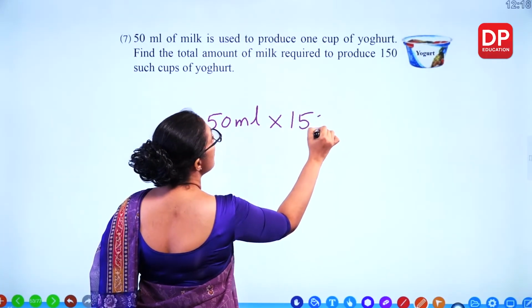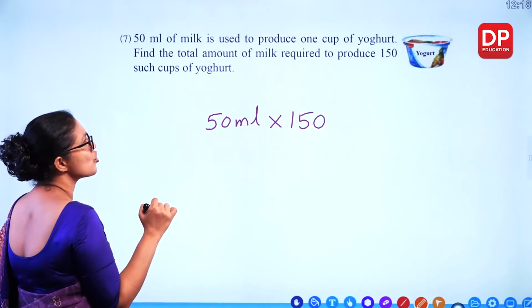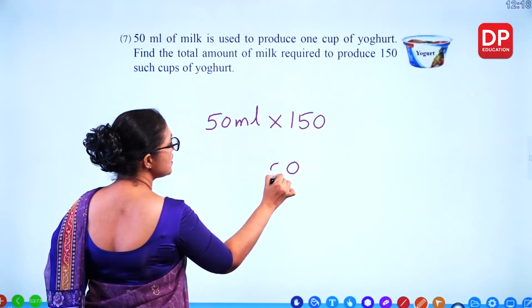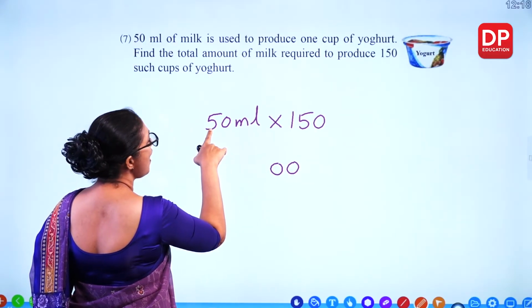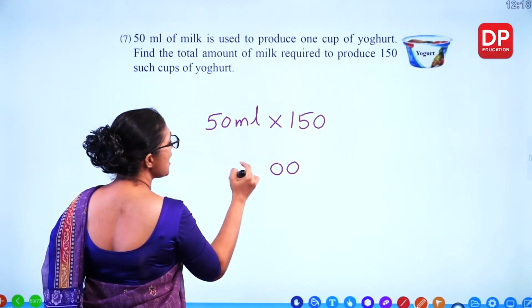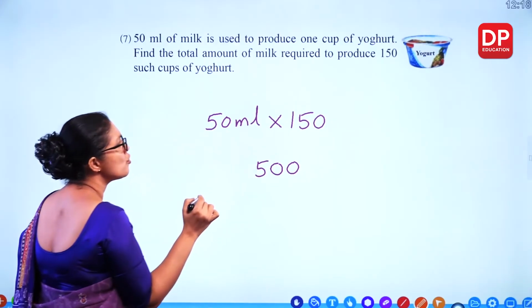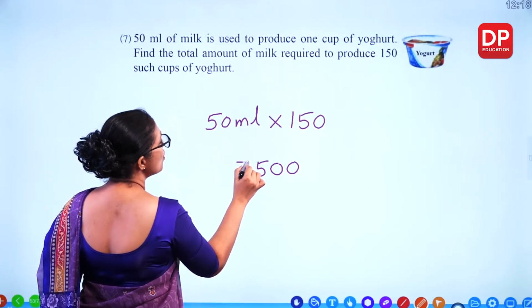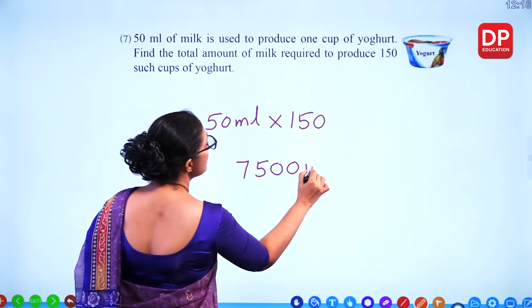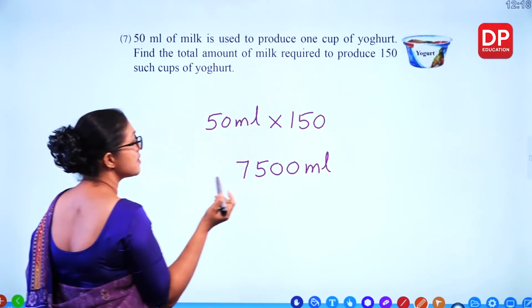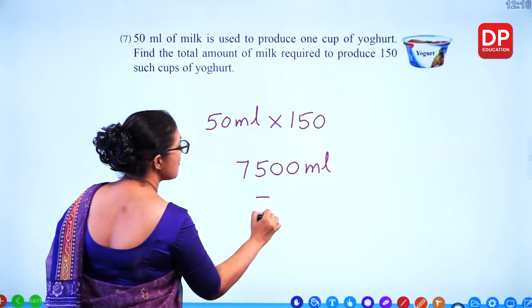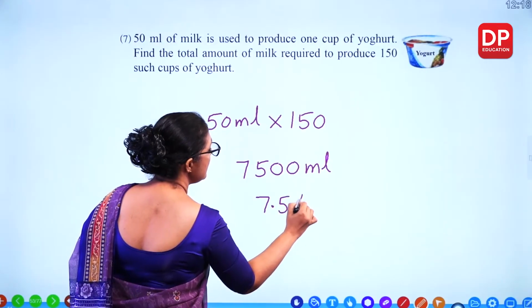Multiplied by 150 such cups. So we can put 2 zeros and multiply by 5. 5 times 5, 25. 2 remaining. 5 times 1, 5. 5 plus 2, 7. So 7,500 milliliters, or basically you can divide by 1000 and write 7.5 liters of milk.